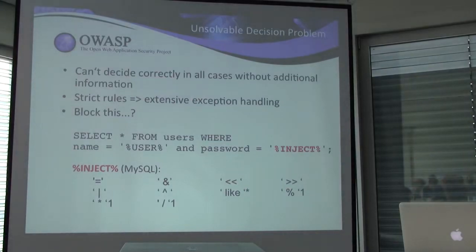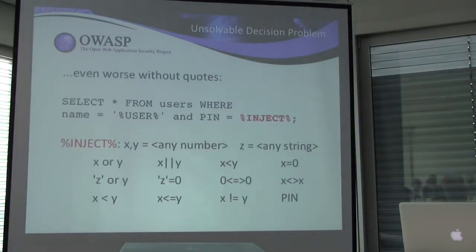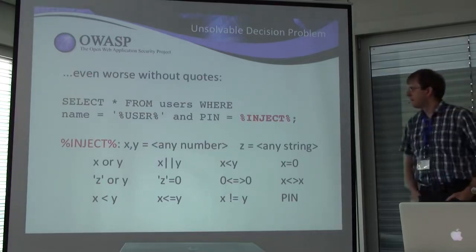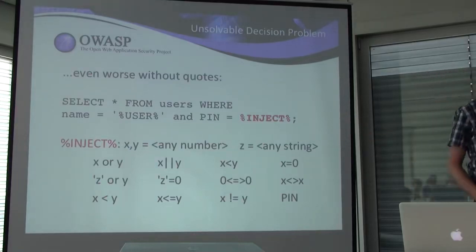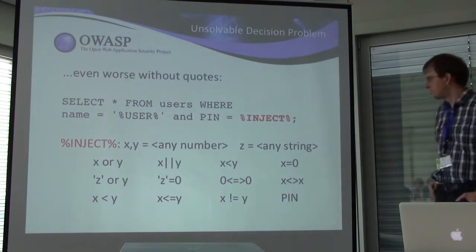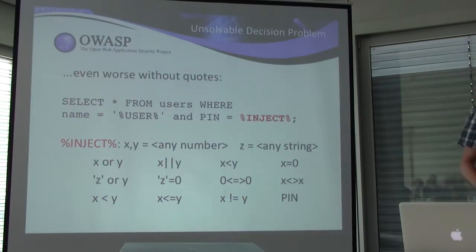You can do that. Maybe you end up with a lot of false positives. When it comes to a non-quoted context, like here when you compare an integer, it's even worse. You can no longer search for any quotes. So basically when you want to block that, you have to block the word or the symbol.